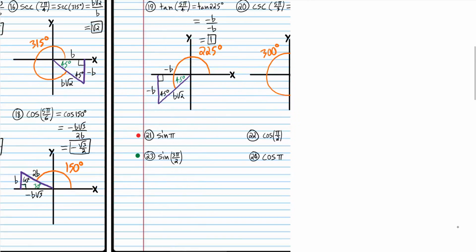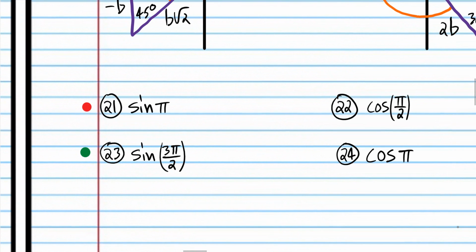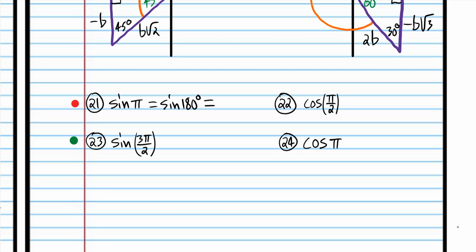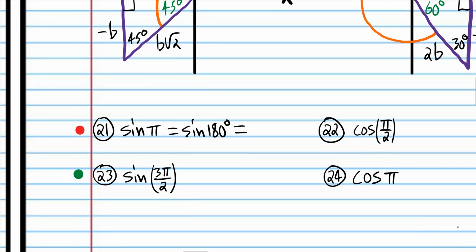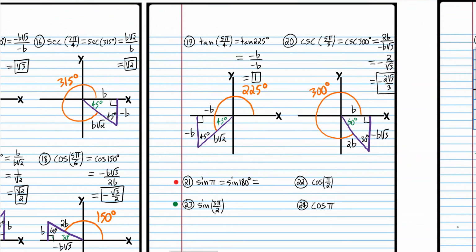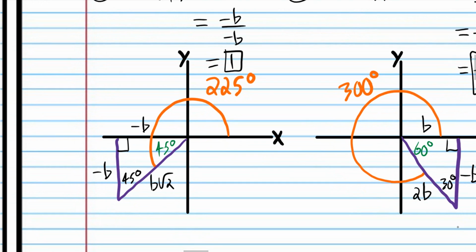So here we have sine of a quadrantal angle. What is pi? Well, pi is 180 degrees. So all we're doing is just looking for the value of sine 180 degrees. Now, when you have quadrantal angles, you don't draw triangles because the triangles are actually collapsed. So think about this triangle.